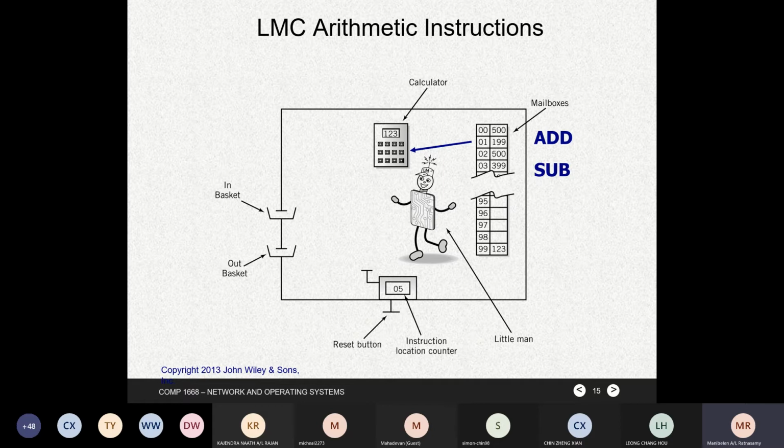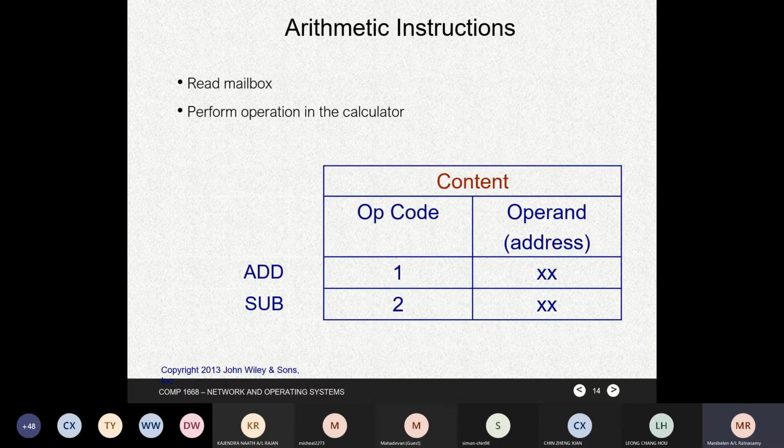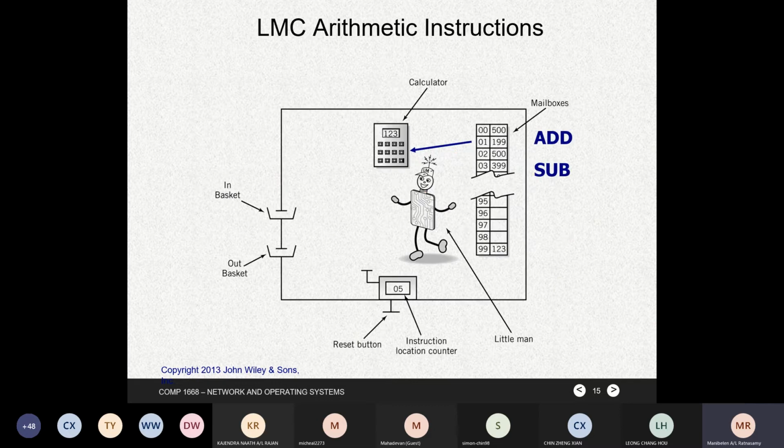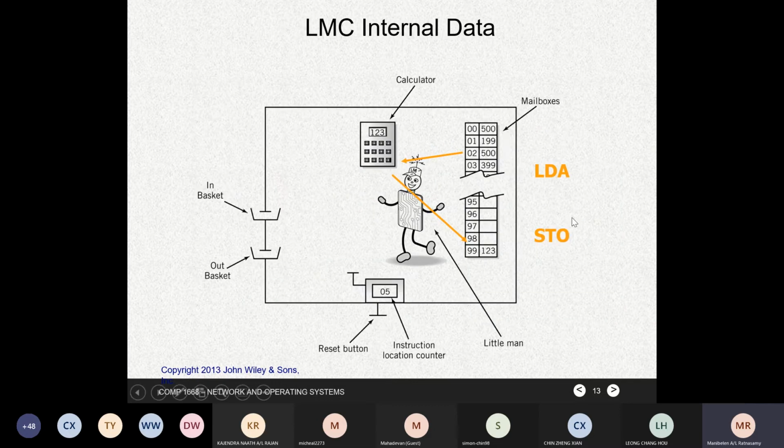So with that, I hope you understand how we do add and sub. Add means adding some characters or value into a mailbox. Sub means we are subtracting it from the mailbox. Of course, we can load into the calculator to do the processing, and the output we save back onto the mailbox, like the instruction here.